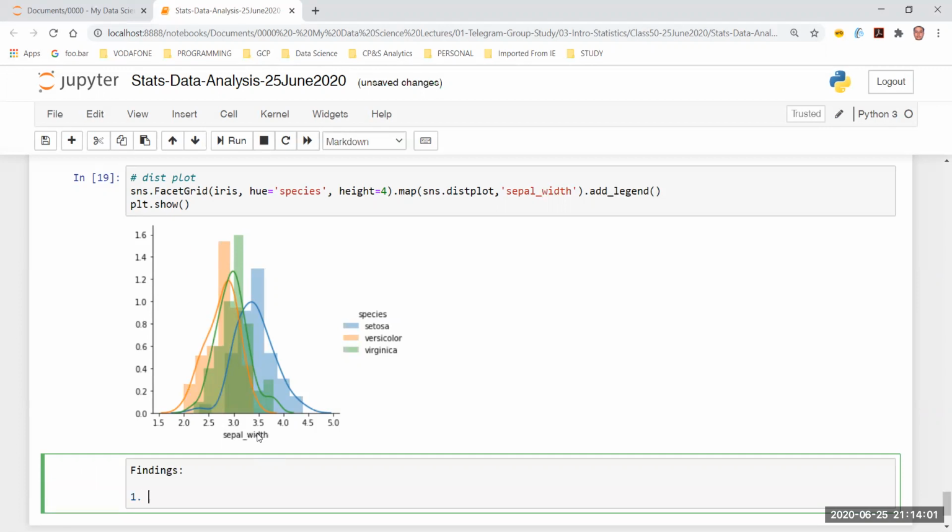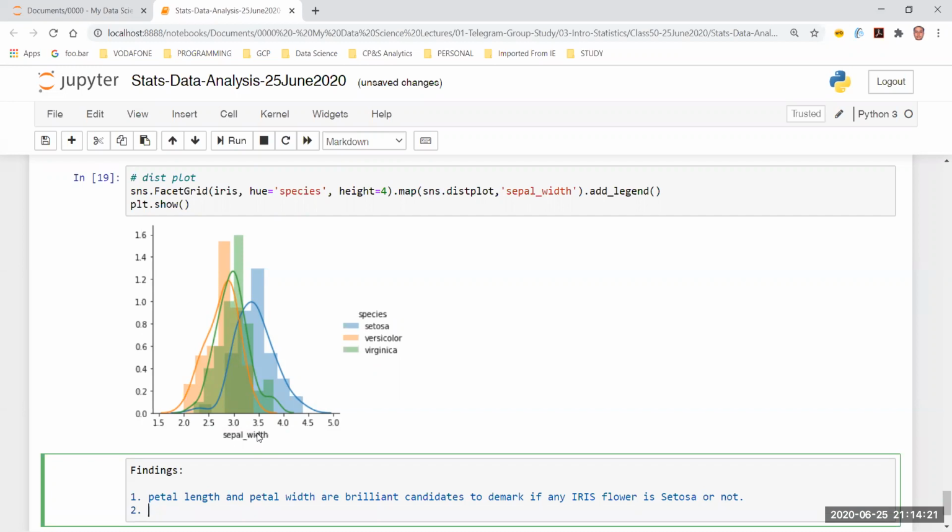First thing, petal length and petal width are brilliant candidates to demark if any iris flower is setosa or not. But we cannot say the same thing about virginica and versicolor if we consider only petal length or petal width.